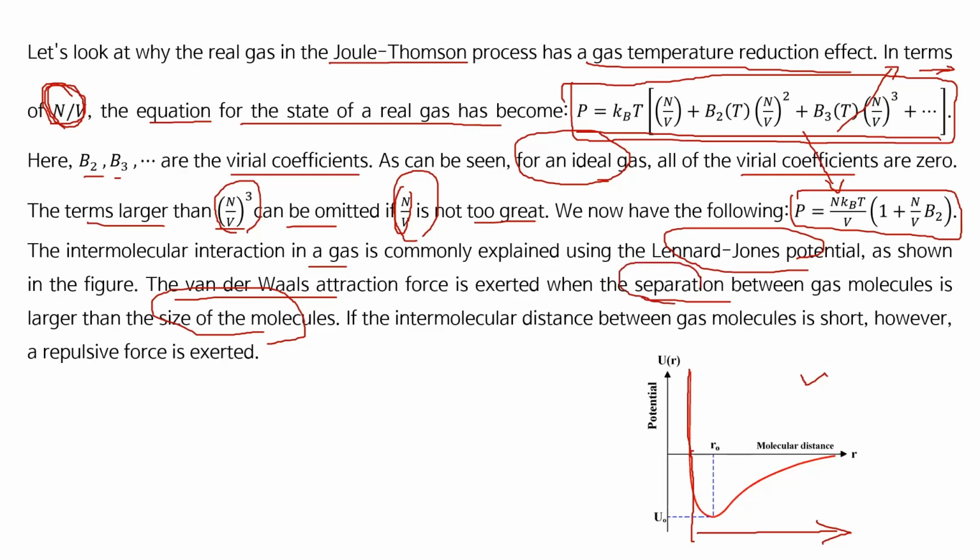When the separation between the gas molecules is larger than the size of the molecules, in this region, the van der Waals attraction force, that is, negative attraction, is exerted. However, if the intermolecular distance between gas molecules is short, in this region, then repulsive force is exerted. So this is the Lennard-Jones potential usually used for the intermolecular interaction.